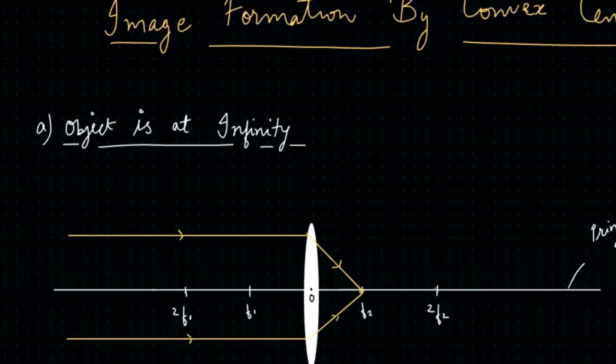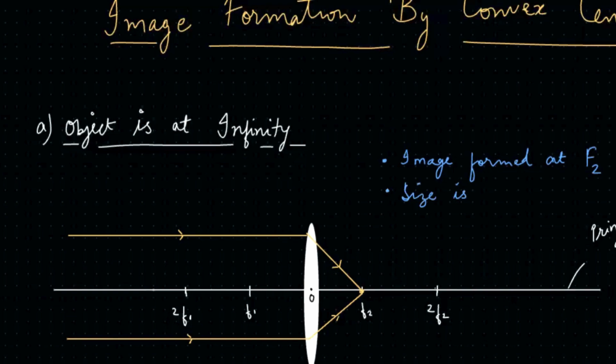So if you have to write down the properties, first one is image is formed at focus, or we say F2. Second, the size of the image is highly diminished.